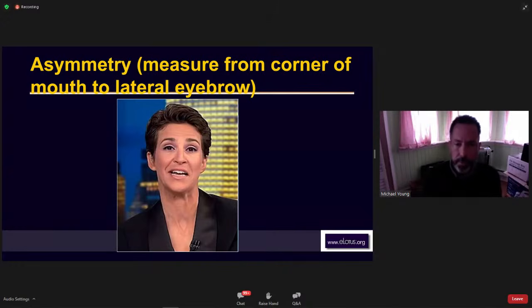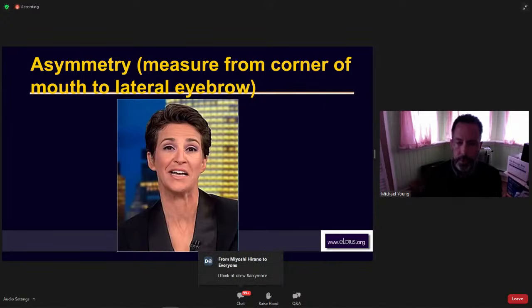Travell talked about 90% of humans being asymmetrical. Rachel Maddow is the person that always comes to mind with asymmetry for me. If you look at the corner of her mouth, and then like Sanjiao 23, in Ms. Maddow's case, if you hold your finger from the mouth to the eye on one side, it's quite shorter.